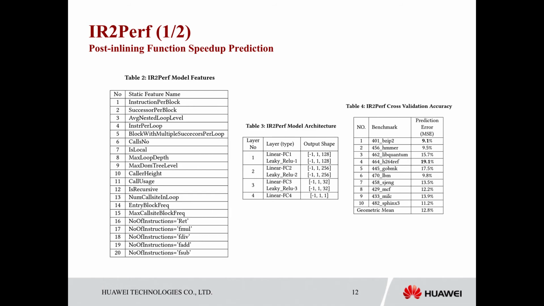So why do you choose to train your own IR2Perf model instead of using the basic block level performance models? Because IR2Perf works at function level, and it's tailored towards post-inlining speedup prediction only, for inline optimization. If you use it for other optimizations, it might not work as well.